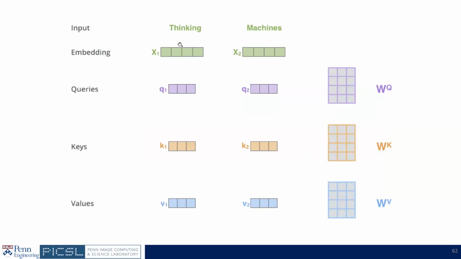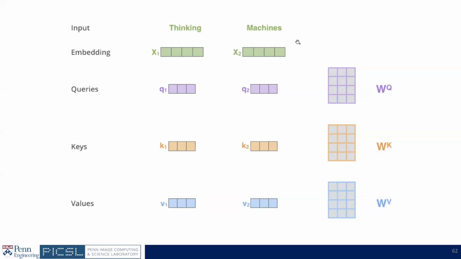For that particular word, you also have some query Q1, you have some key K1, and you have some value V1, right? These are learnable parameters, something that the neural network will learn. And then you do the same thing for every word in an input sentence.